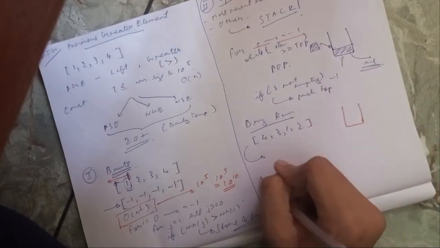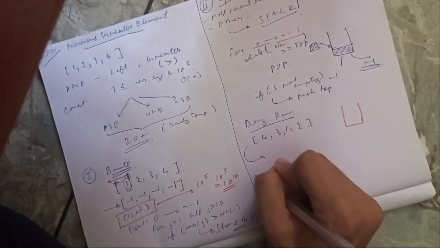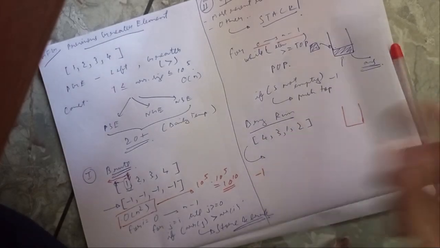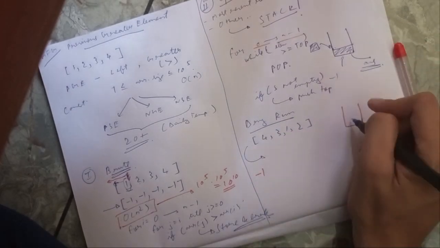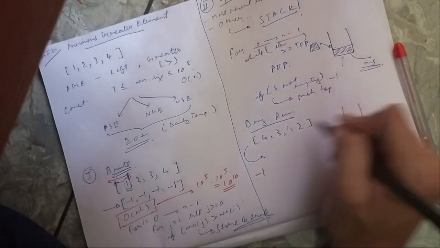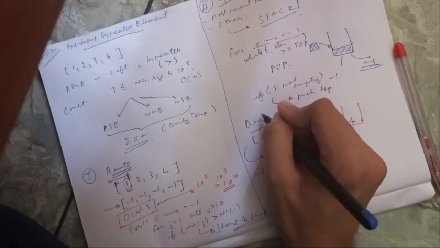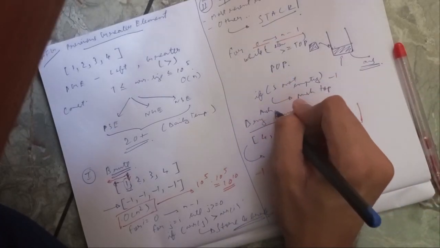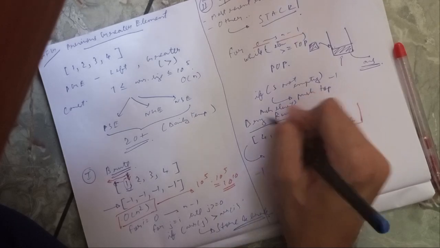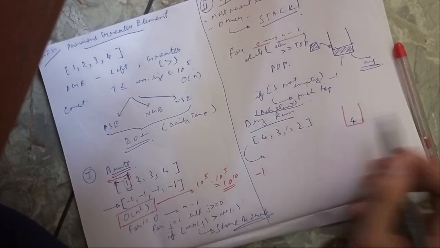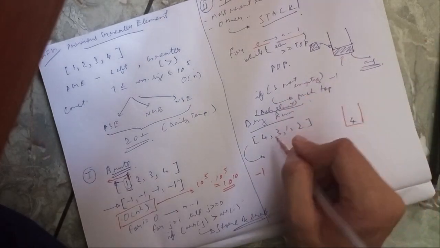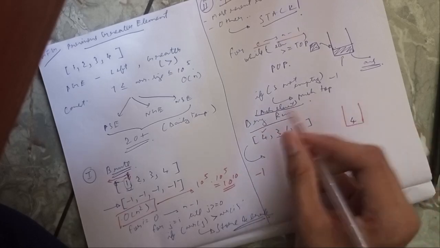So okay, for 4 it will be minus 1, and we are pushing 4 to the stack, or we push element. Okay, now we are doing it for 3 again.